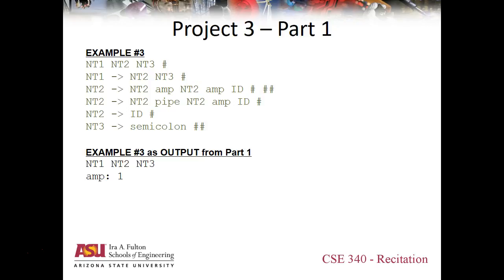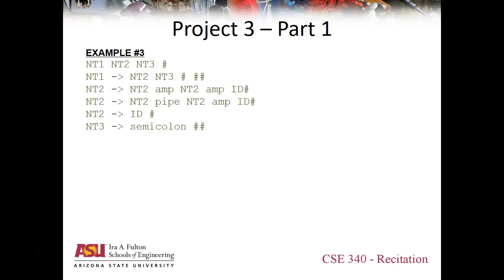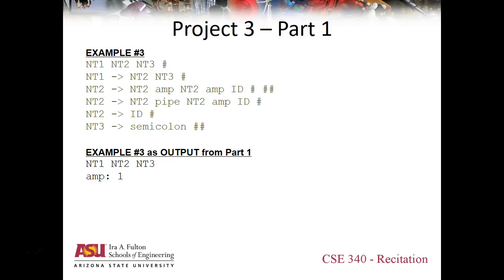All right, last example. Given this input, AMP is 1. So there's 2 things going on. The AMP is on the line, but this is considered in a file. We hit this double hash, and we quit reading.